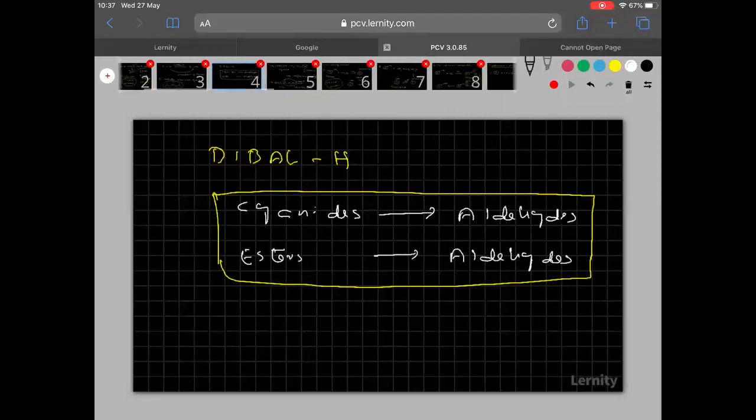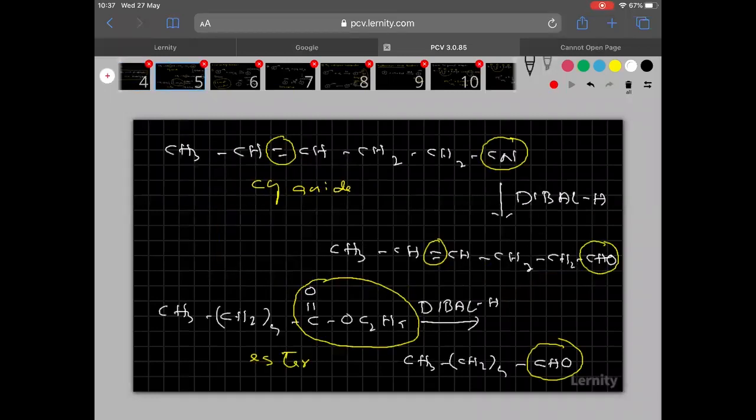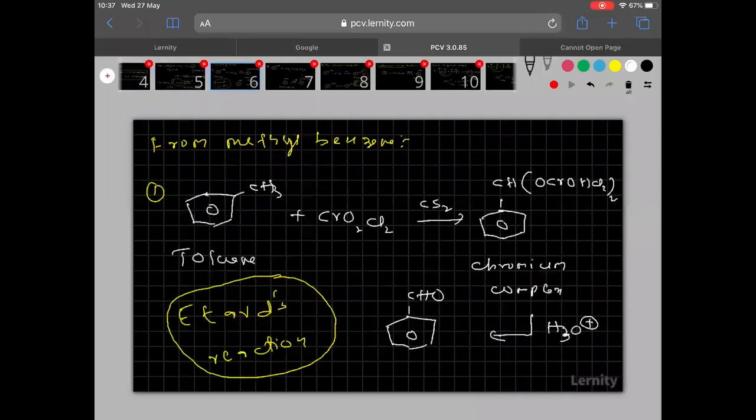Next, fourth slide. Okay. Fifth slide. Sixth slide.